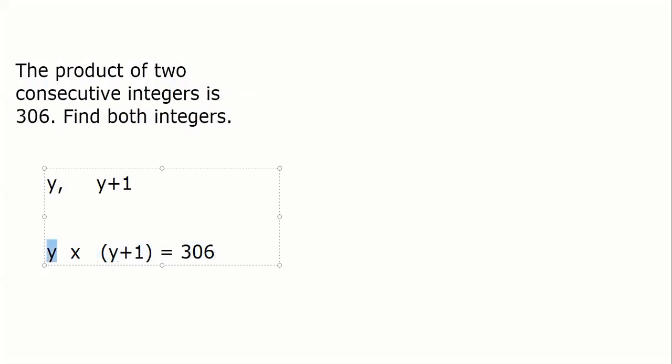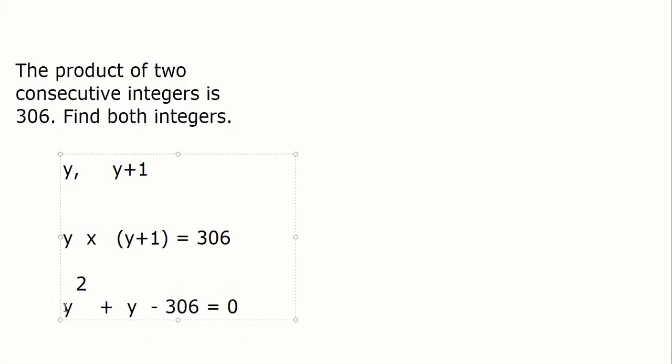So one integer multiplied with another integer, the product is 306. So the equation becomes y squared plus y minus 306 equals 0. So we formed the equation so easily, right? The solution we'll do later. First, solving the equation we'll do, but this is the quadratic equation we form because of this.